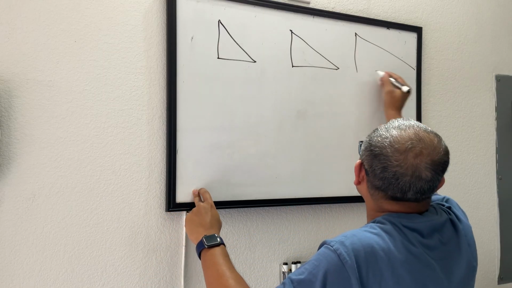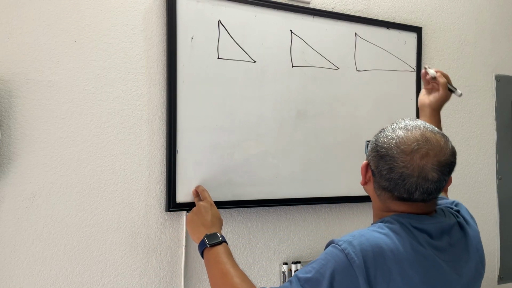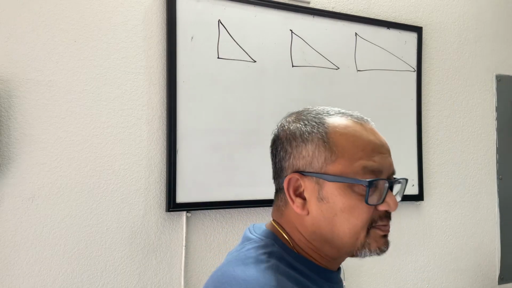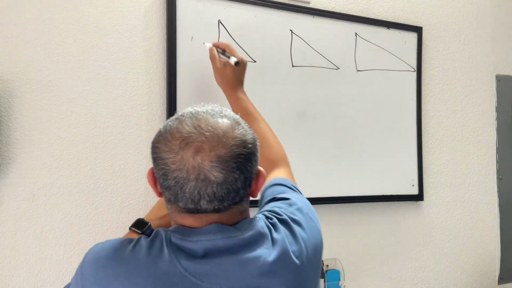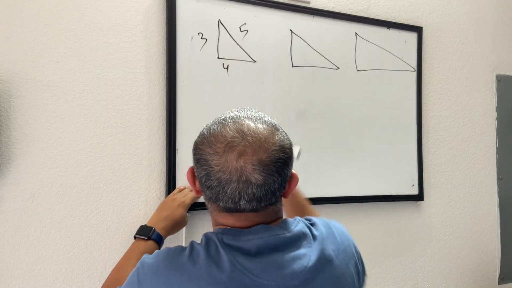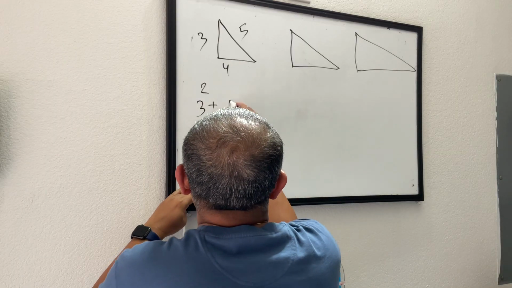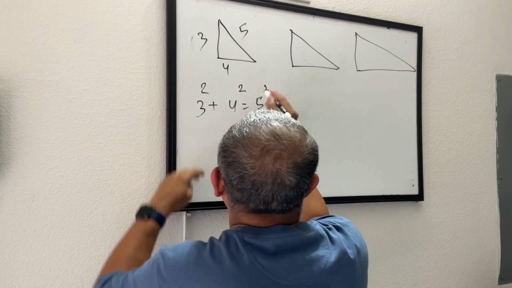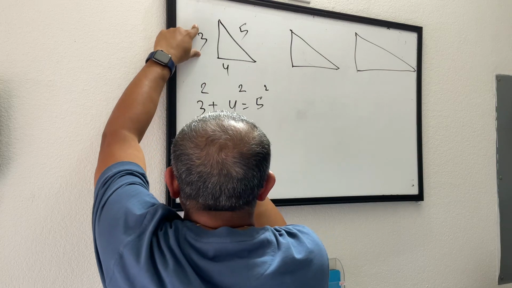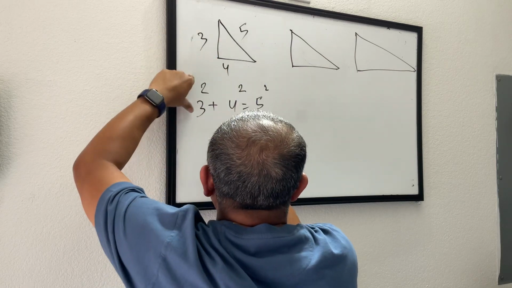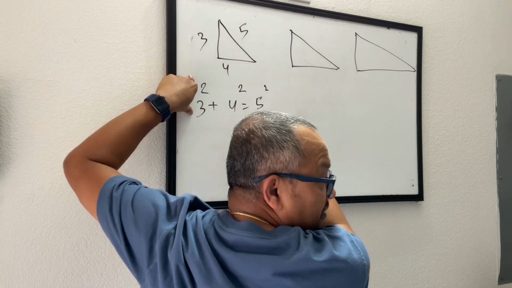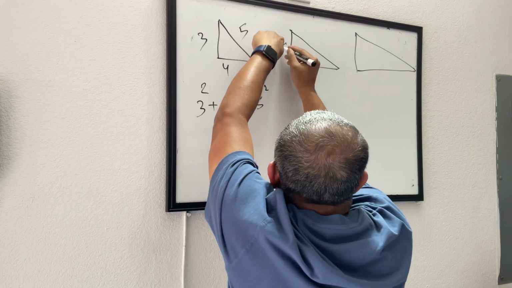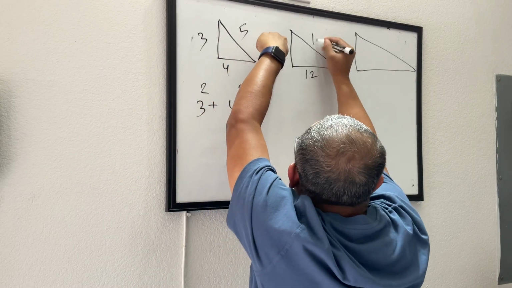Let's pick 3 combinations, okay? 3, 4, 5. So 3 square plus 4 square equal to 5 square, okay? 3 square is 9, 4 square is 16, 9 plus 16 is 25, which is equal to 5 square. 5, 12, 13.